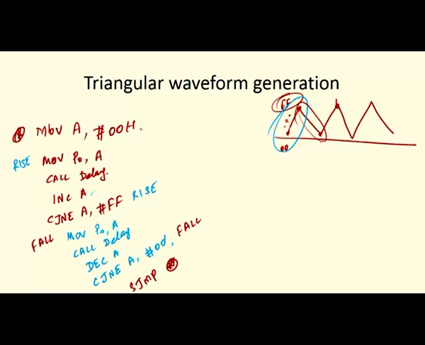So, this is the way we develop the triangle waveform generation. First you initialize the 0 value, then move to the port, then increase till reaching the value of FF. After reaching FF, you move the same value to the corresponding port, then decrease till you reach the value of 0. The same thing is repeated for generating the continuous wave.